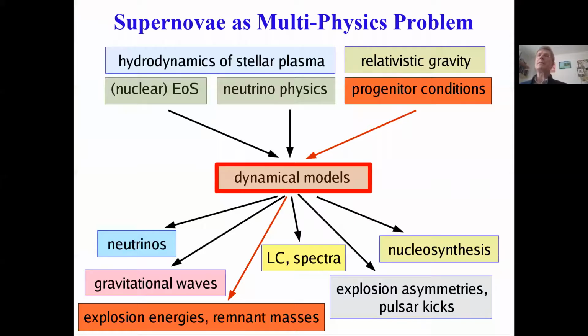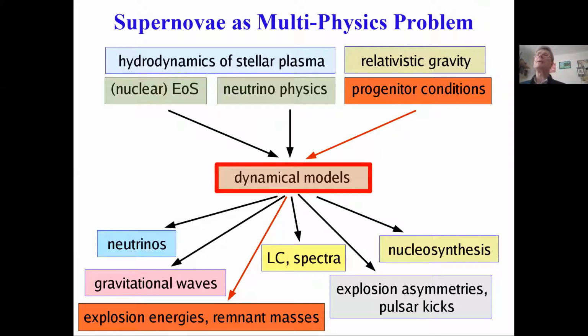The input physics has a high diversity. It's a multi-physics problem. We need to deal with the hydrodynamics of the stellar plasma. We have to treat relativistic effects, general relativity in particular. We have to describe the plasma thermodynamics inside of the hot medium of the neutron star at high densities, but also in the dilute surface layers of the progenitor star.